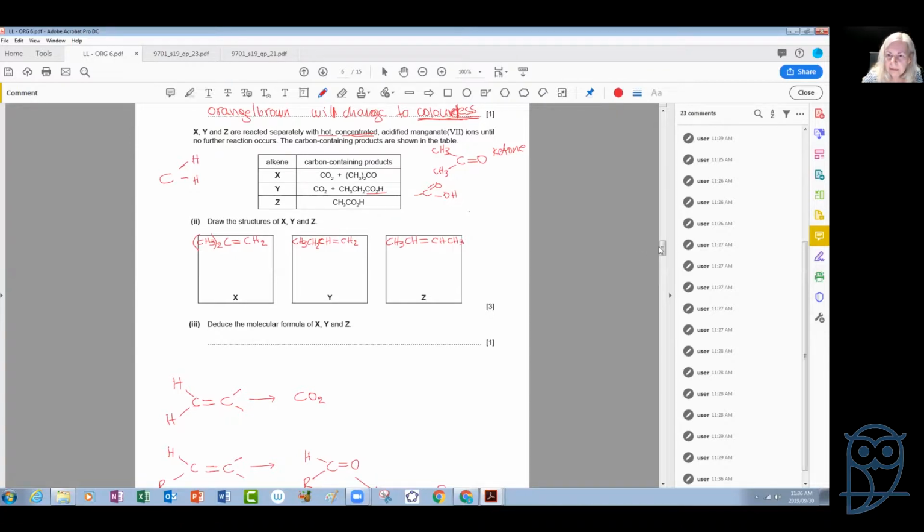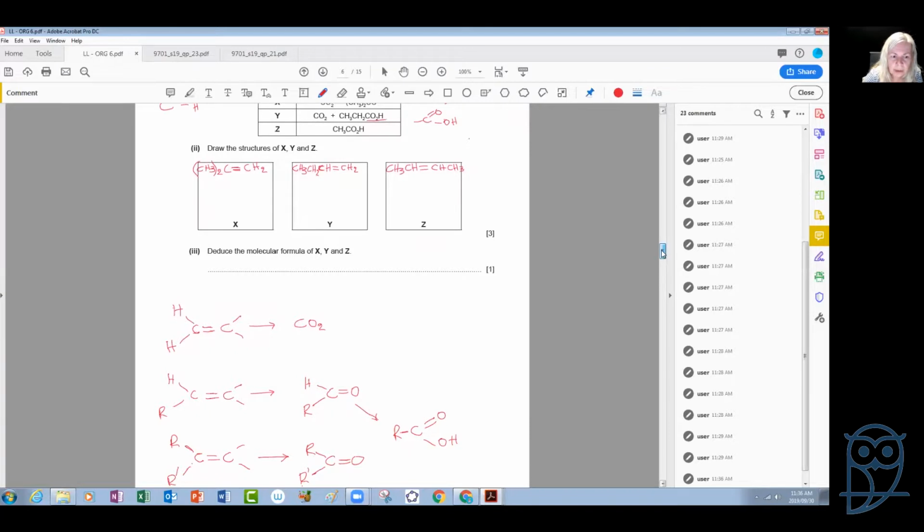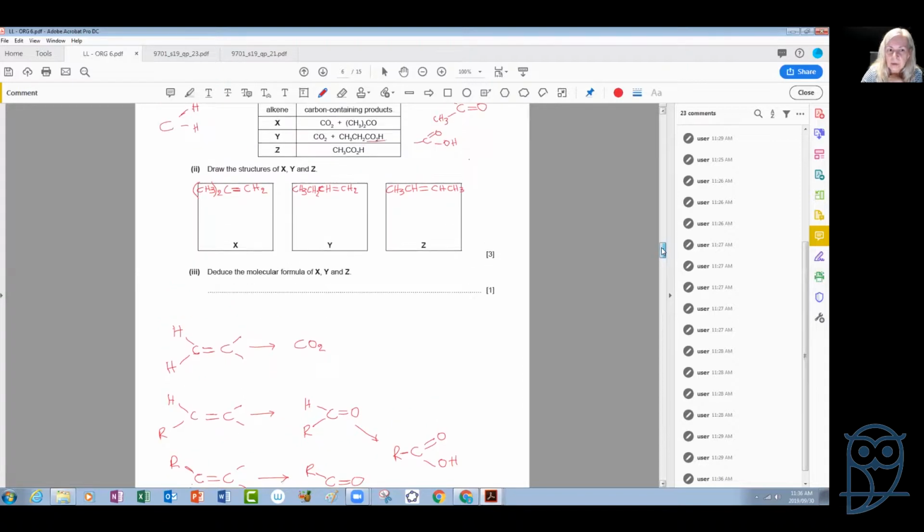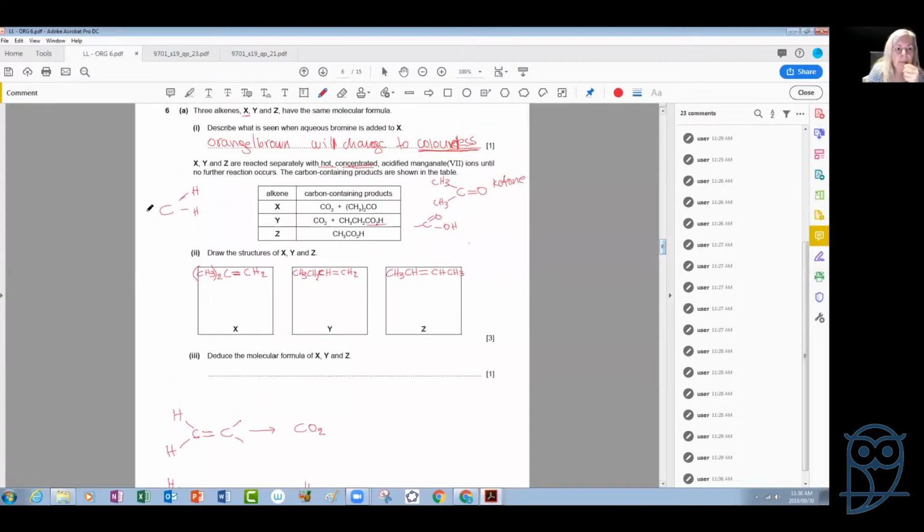And if we look here again at this whole picture, the ketone product comes from a carbon which is connected to two alkyl groups. So obviously the other carbon, I'm talking about X, was connected to two alkyl groups.